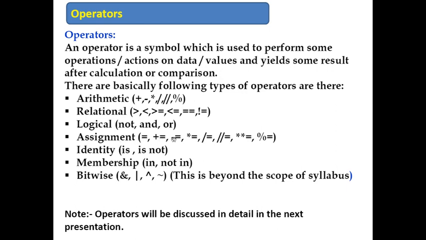Assignment operators are also there, equal to, plus equal to, like this. Identity operators are there, is, is not. Membership operators are there, and bitwise operators are also there, beyond the scope of the syllabus. In the next session, we will discuss the operators in detail.